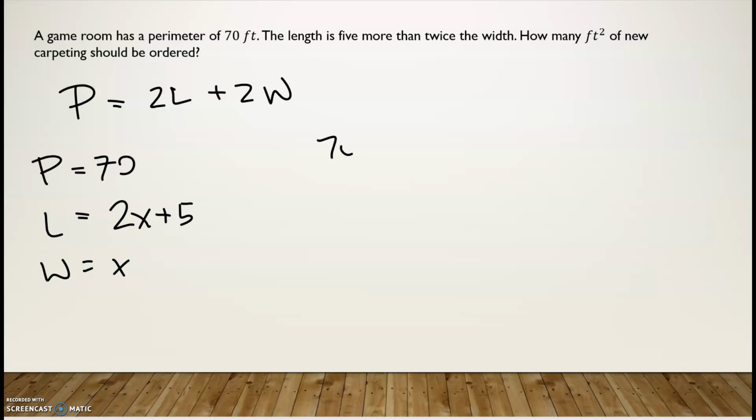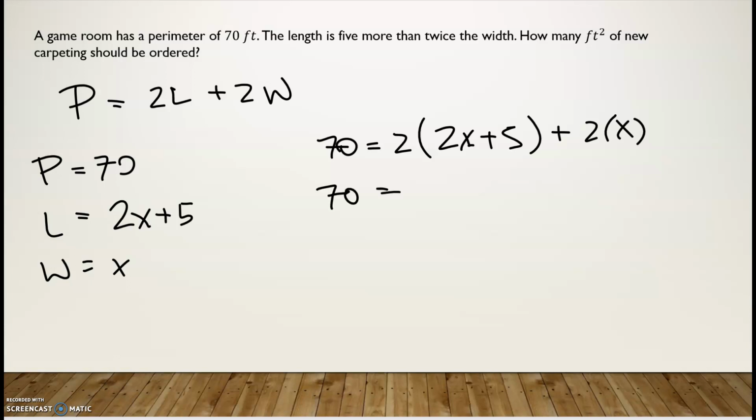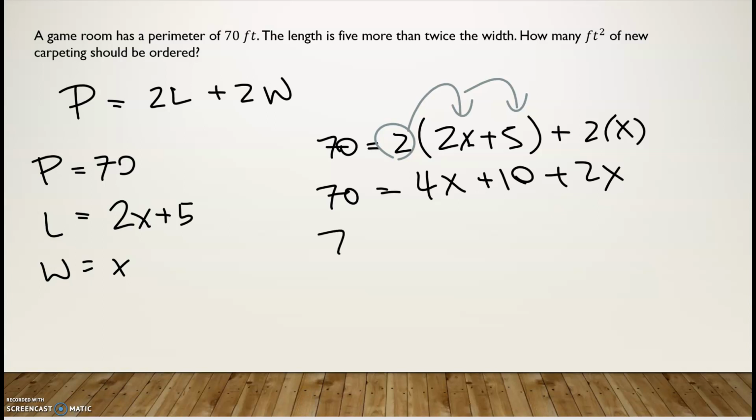So 70 is equal to 2 times (2x plus 5) plus 2 times x. So 70 is equal to 4x, distributing this 2 to the 2x and to the 5, plus 10 plus 2x. And I'm going to combine like terms.